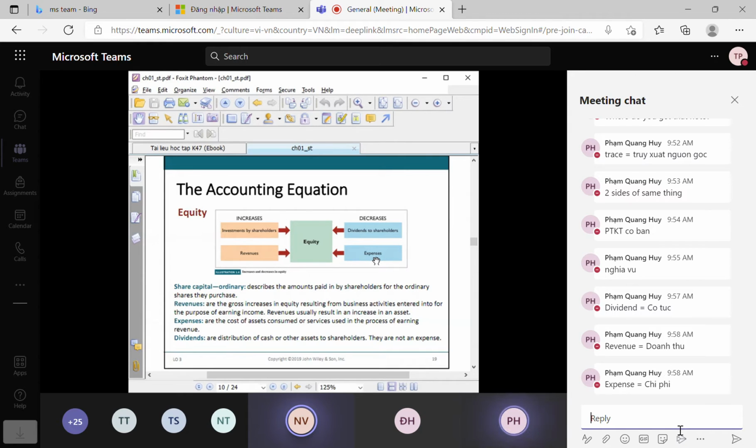Okay. So the investment and the revenue will increase equity, and the dividend and expense will decrease equity. Again, investment and revenue will increase equity, and the dividend and expense will decrease equity. Remember this for choosing the right answer in multiple choice.